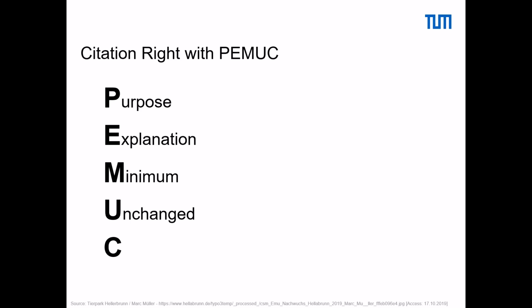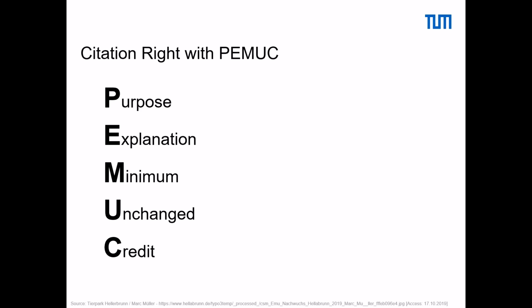So in any case, no matter whether you cite directly or indirectly, the PEMUC scheme is a really good way of making sure you use your citation in a good way, and that it's sensible to use a citation in this place. And the last letter here is the C, and this stands for credit. So if we use someone else's work, we have to give credit, we have to give a reference.